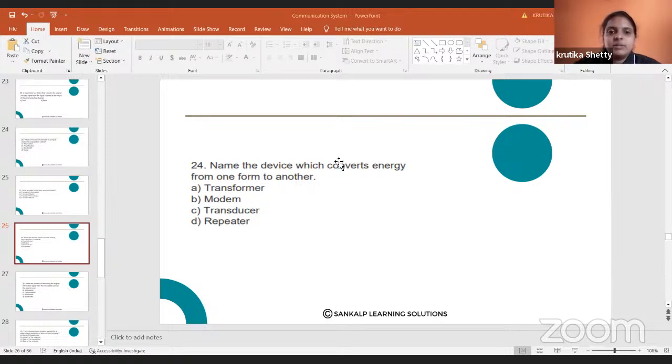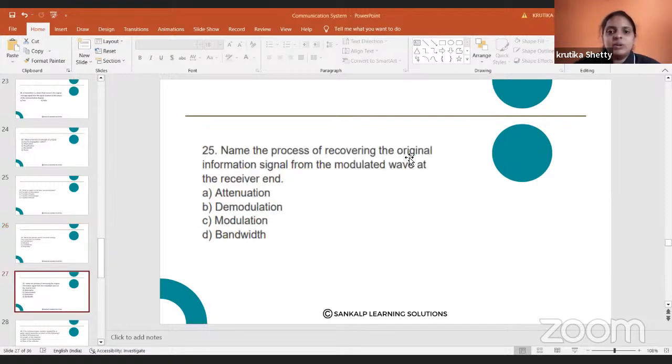Then the next question, name the process of recovering the original information signal from the modulated wave at the receiver end. It is called attenuation, demodulation, modulation, or bandwidth.